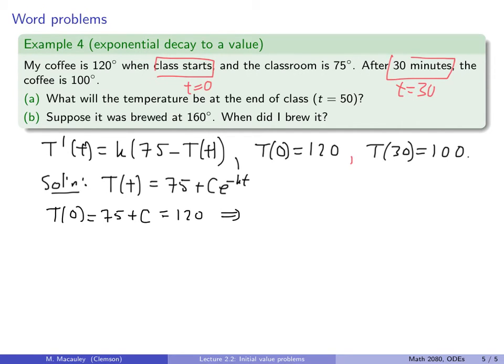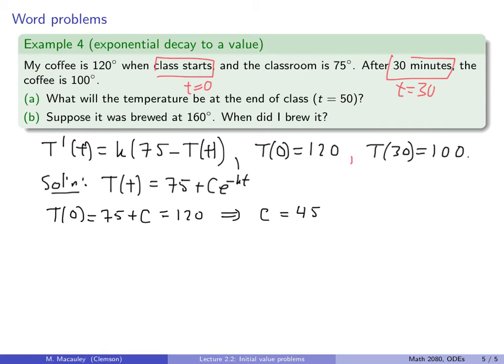Now we see that our constant C is equal to 45. Remember that is our initial deviation from the room temperature: 120 is 45 degrees above 75.